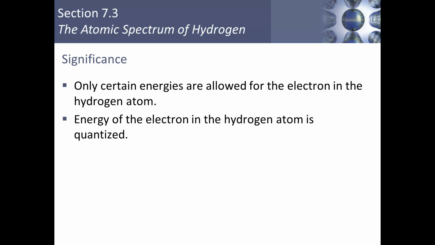This is significant in that we only see certain energies are allowed for electrons in the hydrogen atom. Here, the energy of the electrons in the hydrogen atom is quantized.